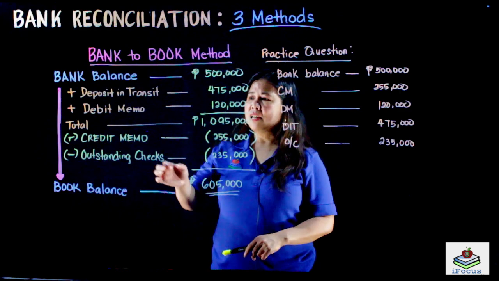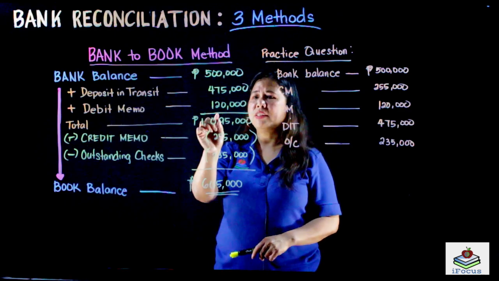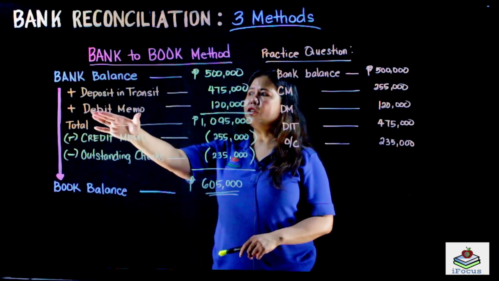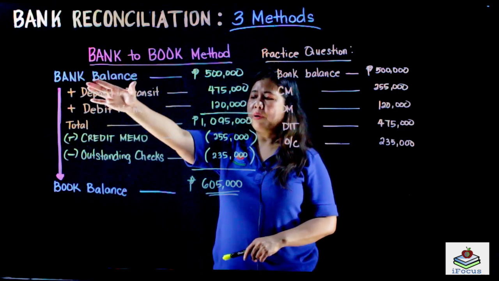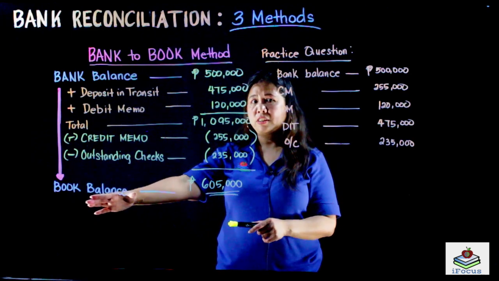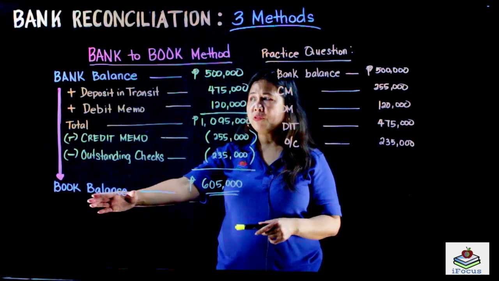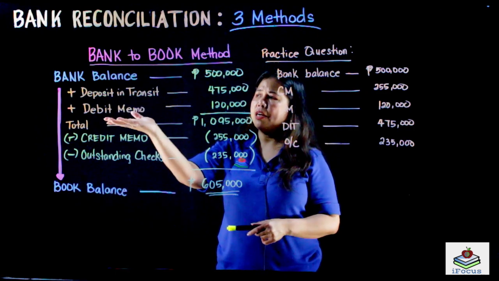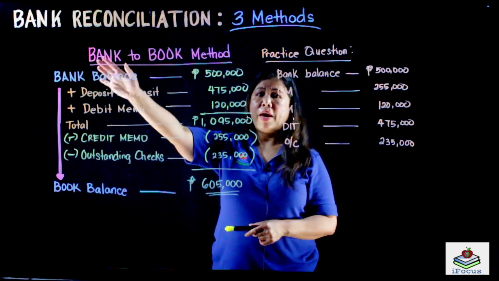Ina-add din natin ang debit memo na 120,000 dahil ang debit memo ay minus sa bank balance, pero sa book balance, hindi pa natin yan na-minus. So, therefore, para makita mo ang book balance, ang debit memo, i-add back natin yan sa bank balance.